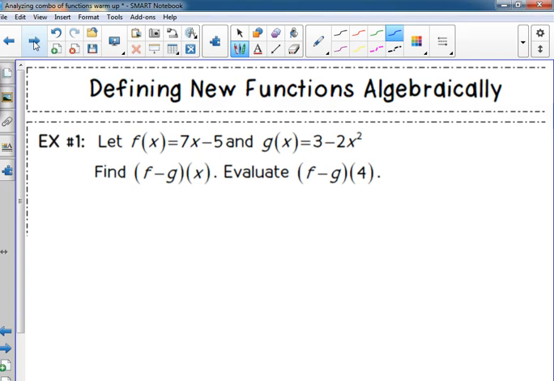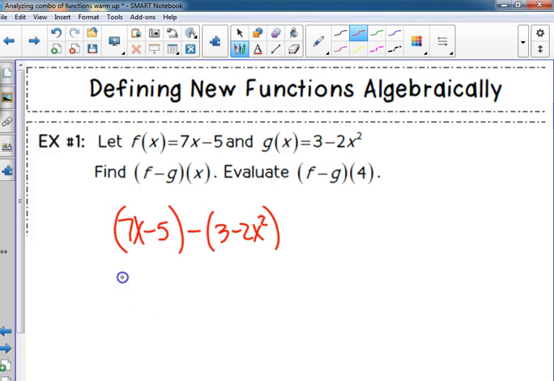Sam, are you okay? Just total glazed look there. All right, guys. This says find F minus G of X. So all we have to do is what? 7x minus 5 minus 3 minus 2x squared. What's somebody going to do?